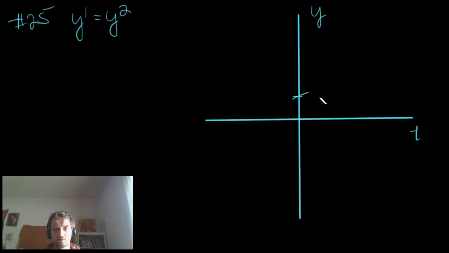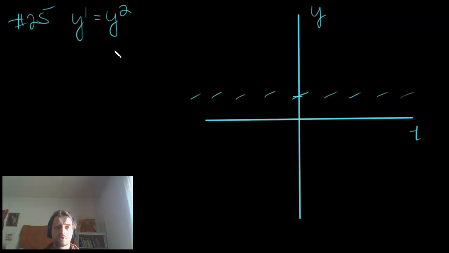Since there's no t values, I would expect the slope of 1 to be the same for all the t values. Another way of saying this is that the isoclines, the lines with the same slope in the direction field, are horizontal lines. And again, remember, isoclines are not solutions, but they are helpful for understanding direction fields.